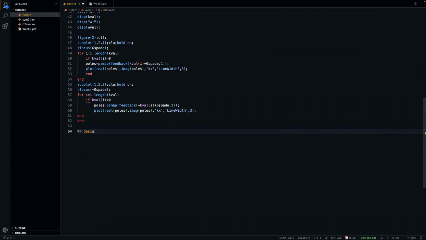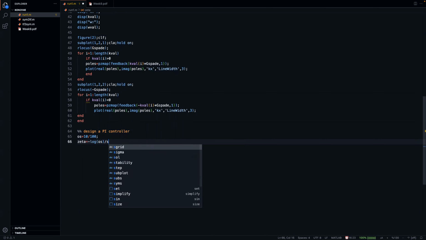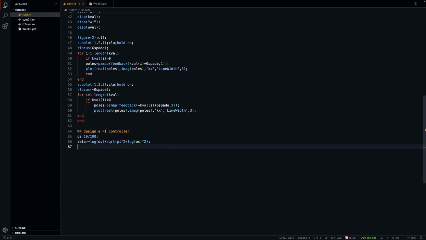So let's define overshoot. Let's calculate zeta. And yeah, we don't know what omega n should be.